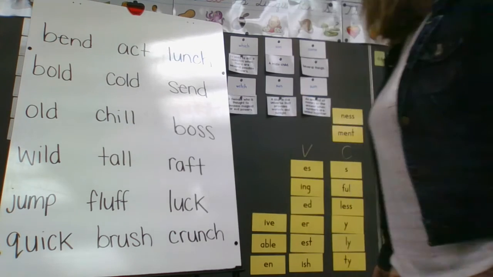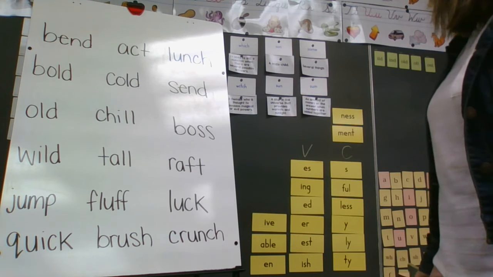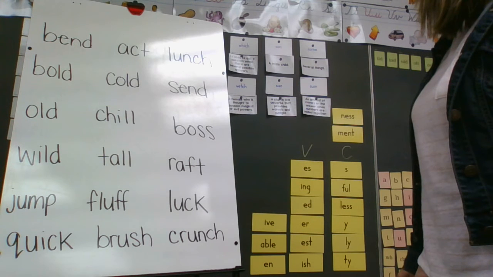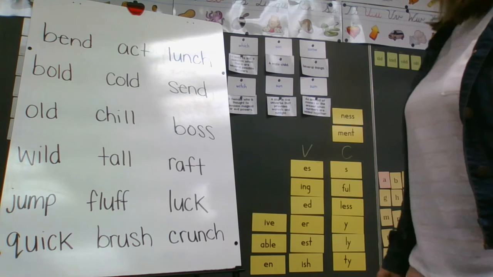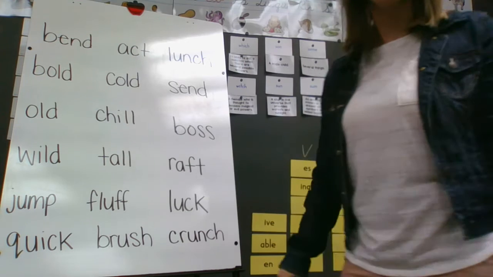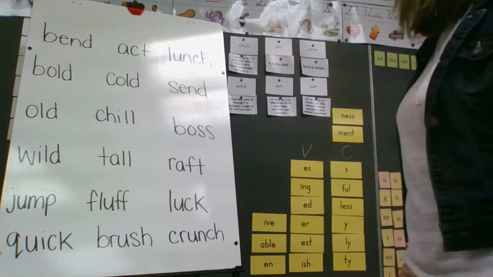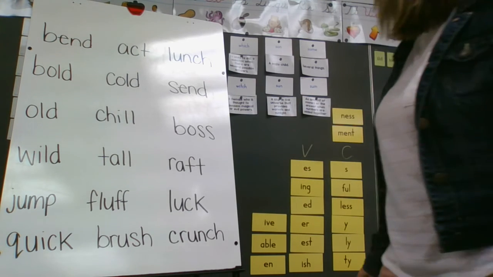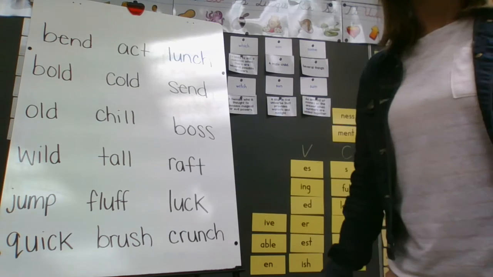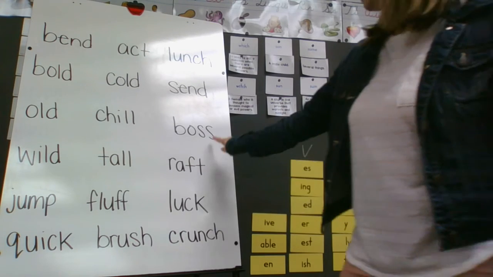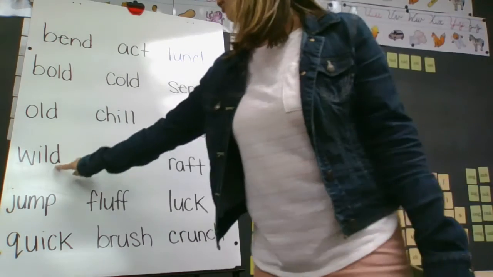Chill. How about, I could think of chilling. I am chilling something in the refrigerator. Boss. I'll make it plural and do bosses. That needs an ES. How about wild?